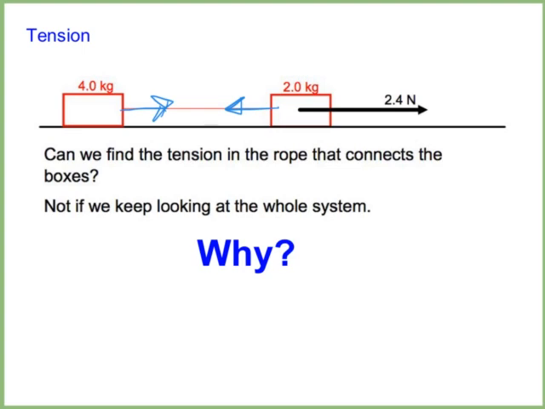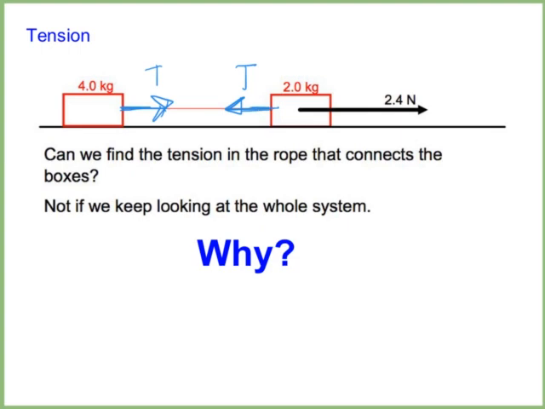We can't keep looking at the whole system because for the system, these forces are canceling each other out. A rope will have the same amount of force pulling one way as it pulls the other way. Any section of rope will have the same tension no matter if I'm looking at the connection over here or the connection over here.